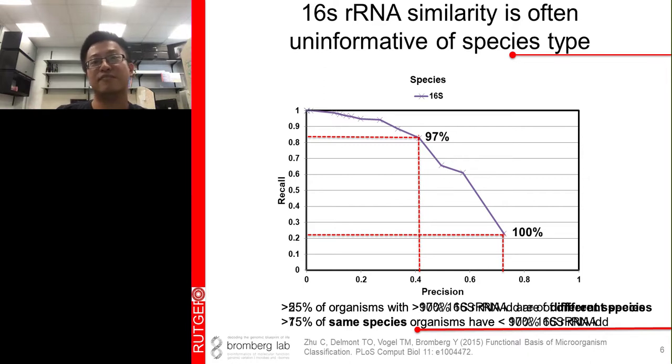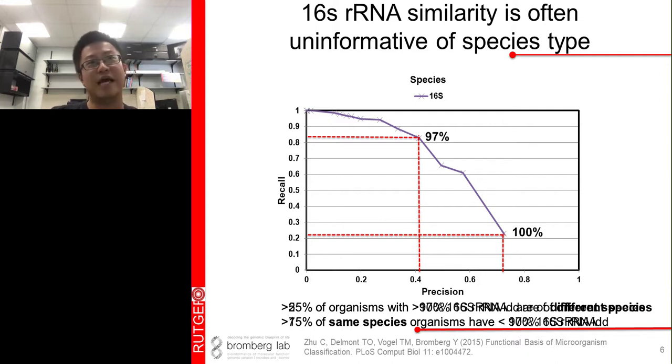What this says basically is that if you're using that famous rule of thumb, more than 97% 16S RNA identity, to identify 2 bacteria as belonging to the same species, then more than half of the time you will make a mistake. People started to know this and proposed that 97% is not stringent enough, so let's do 98%, 99%.